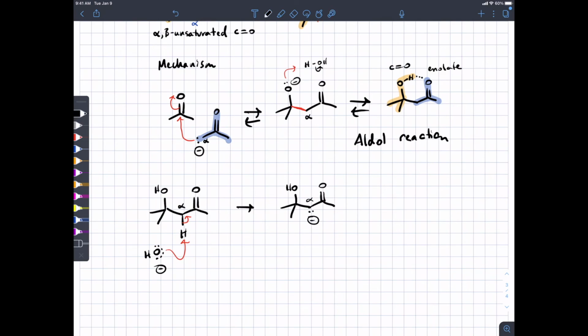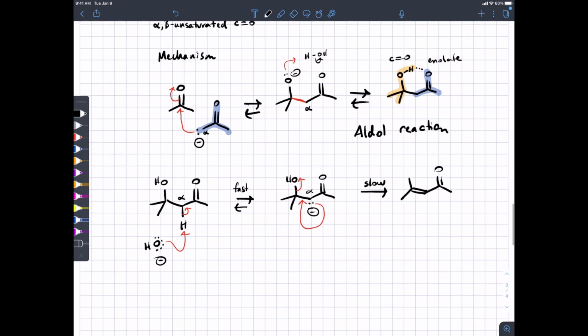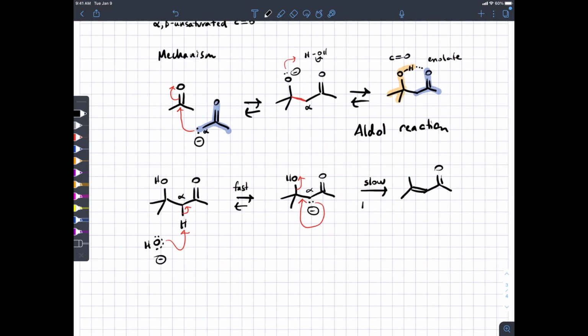So this deprotonation step is fast. The following step of elimination of the OH group is slow. These electrons kick down to form the pi bond, OH leaves, and that gives us our alpha beta unsaturated carbonyl compound. Because this is the slow step, it is the rate determining step.